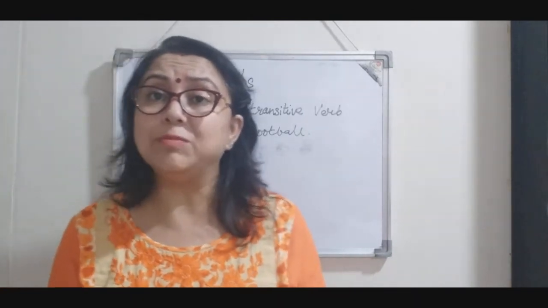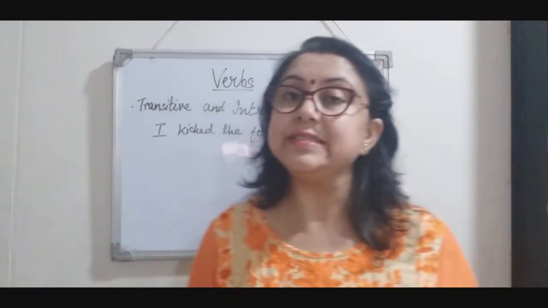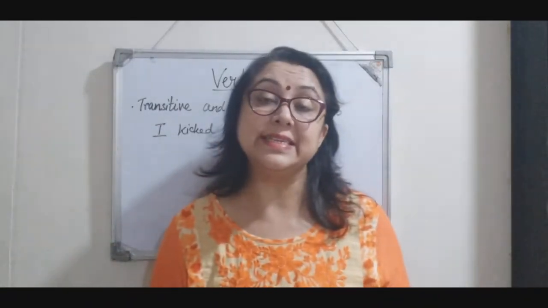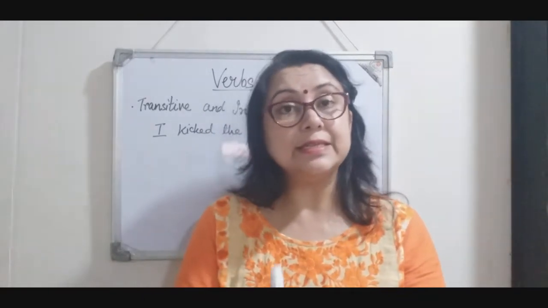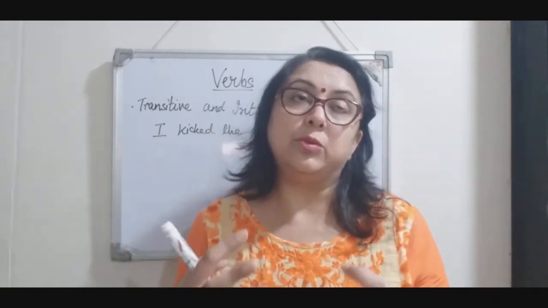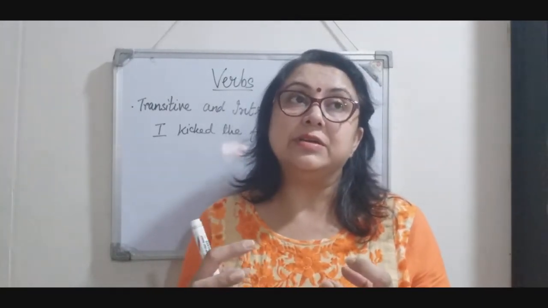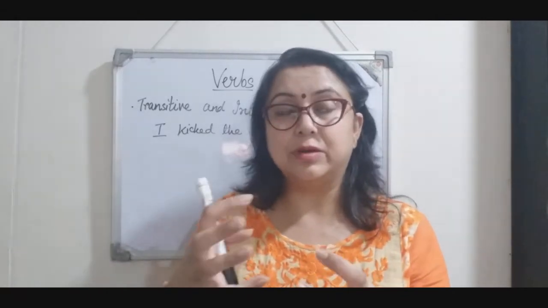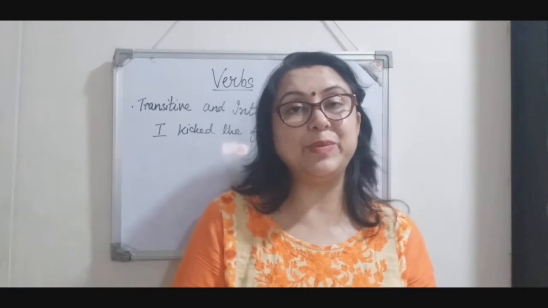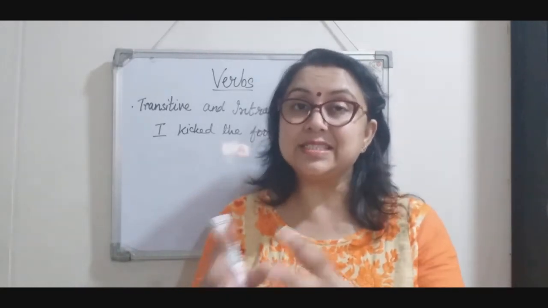What is an object, right? The object of a sentence. Now, we've already studied before that a sentence has a subject. The subject is the doer of the action, isn't it? Or we may say whatever we speak about in the sentence, about whom we speak, that's the subject.